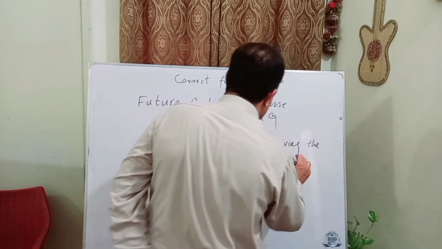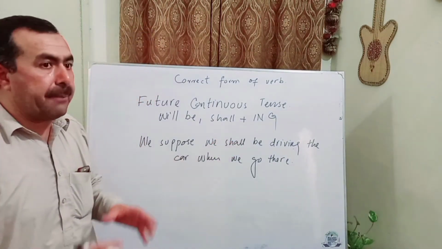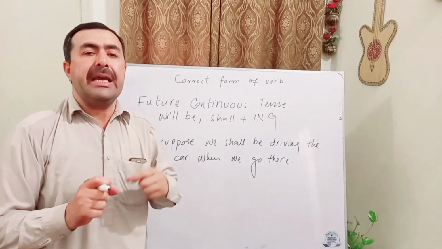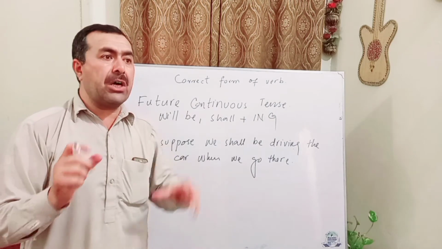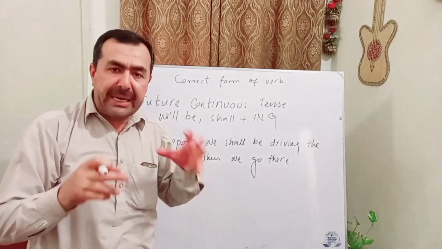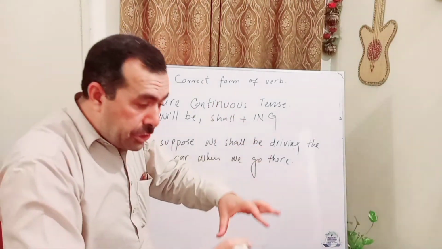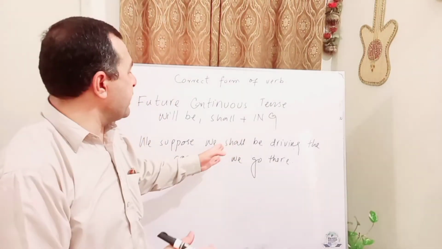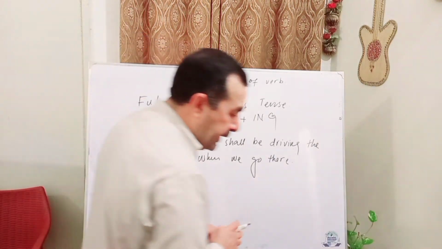For example, if I tell you we shall be driving the car, if I am going to learn driving, if I am going to drive my car, very specifically I will tell the time in the future, that by this time that thing will be in progress. So same is the case. That's it. We will be driving the car.